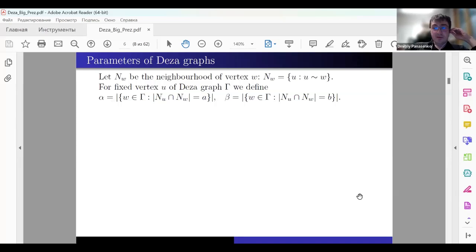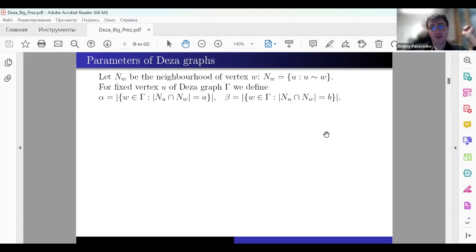For the parameters of these graphs, let us add 2 more parameters. We will call them alpha and beta. Alpha is the number of neighbors which have a common neighbors, and beta is the number of neighbors which have b common neighbors.